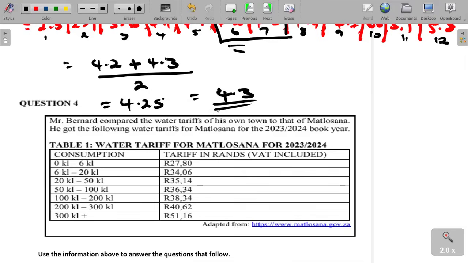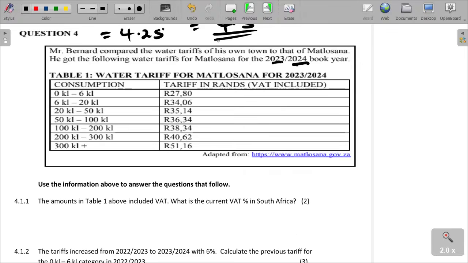Let's just quickly go to question 4. Question 4 says Mr. Bernard compared the water tariffs of his own town to that of Mhlosana. He got the following water tariffs for that place for the 2023-2024 year.